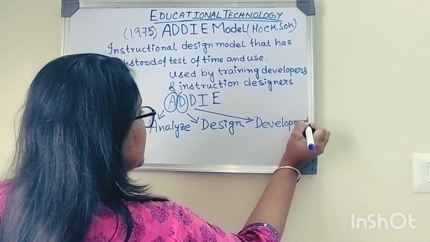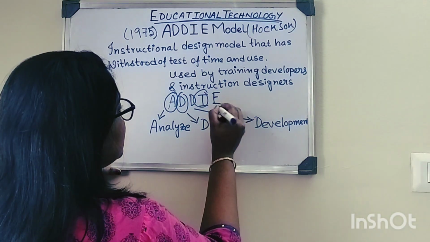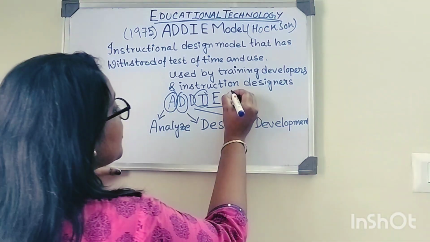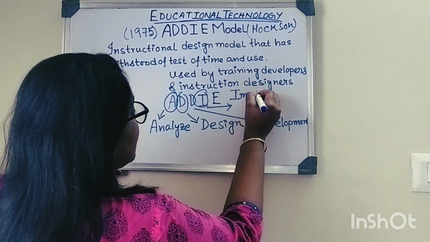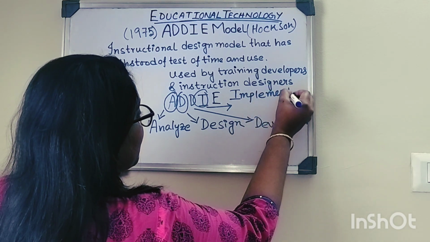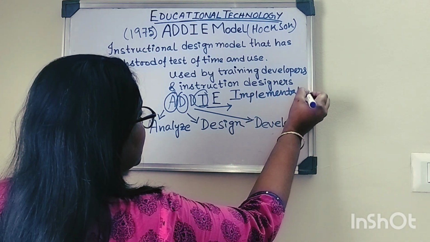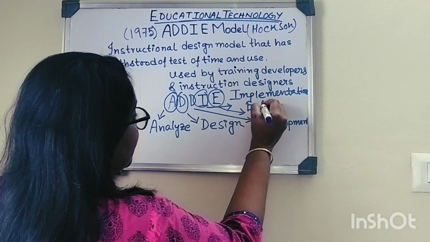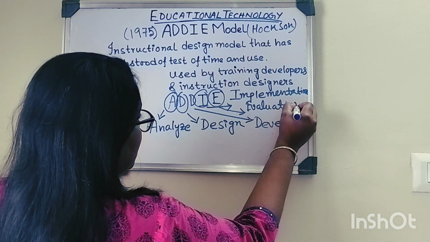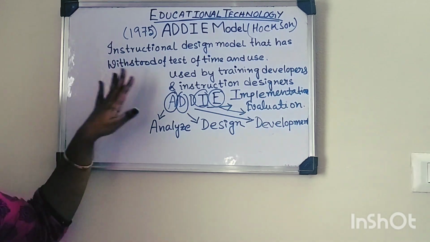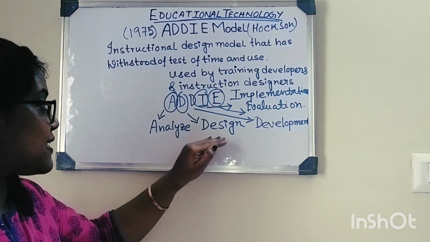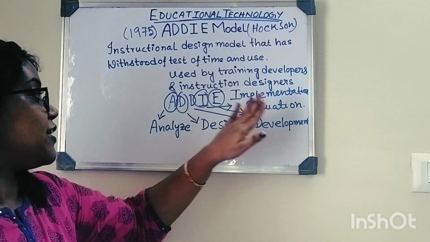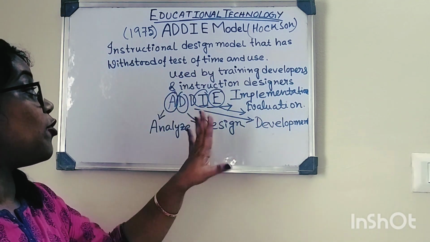The fourth, I, stands for implementation, and E stands for evaluation. So A stands for analyze, D for design, the second D for development, I for implementation, E for evaluation, and that is the acronym for the word ADDIE.